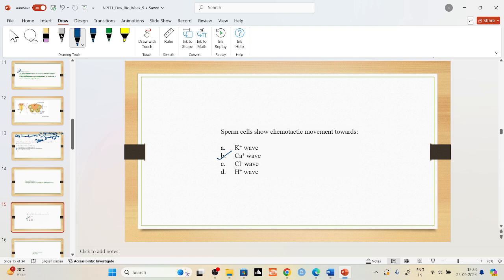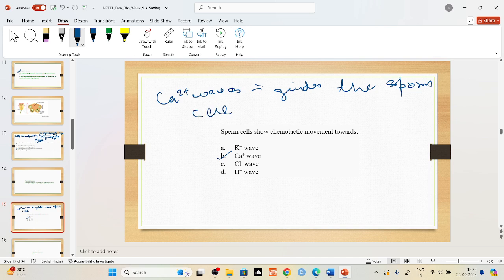Because these calcium ions play an important role which guides the sperm cells towards the egg, especially during fertilization.